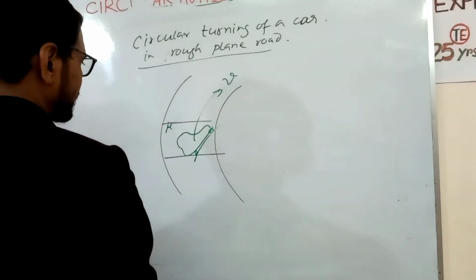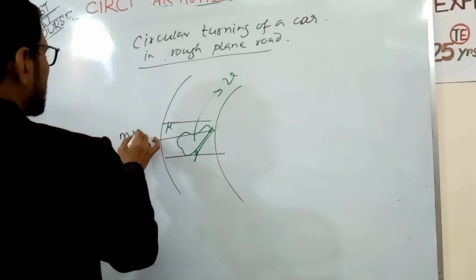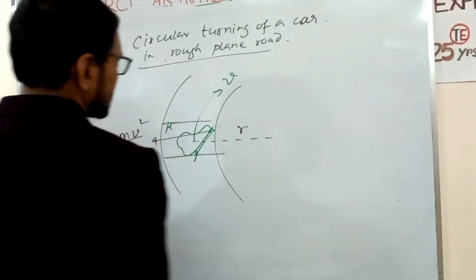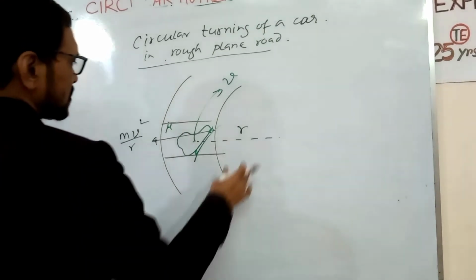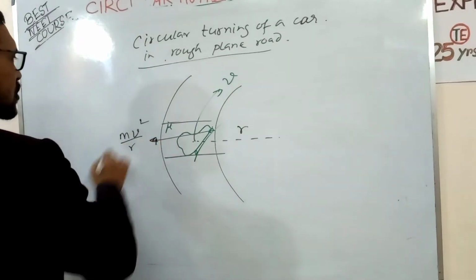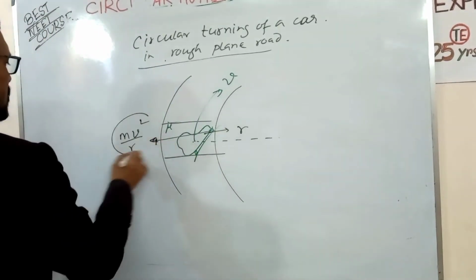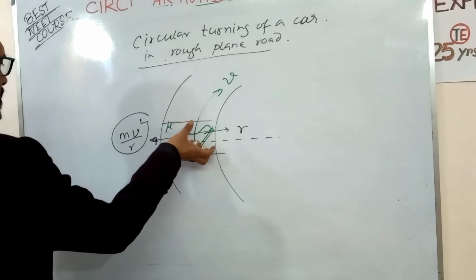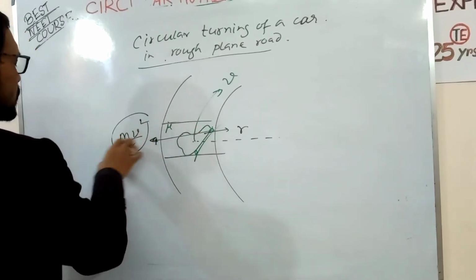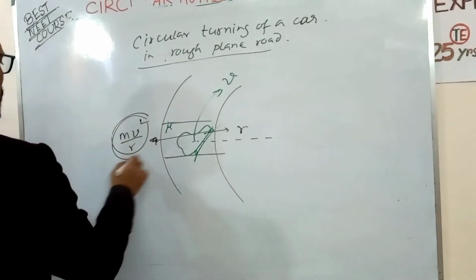So here the centrifugal force acts in this direction, which is mv square by r. If the car wants to turn on a circular path of radius r, then the centrifugal force is mv square by r. Friction prevents the slipping. Due to this force, which acts outward, the car may topple, but friction prevents the outward motion.